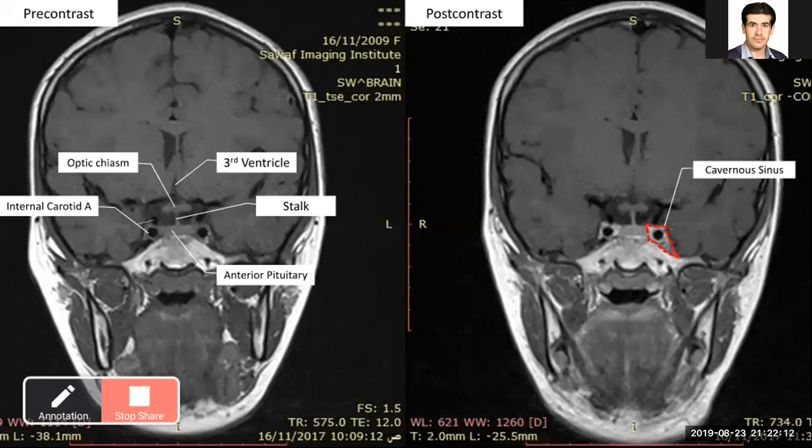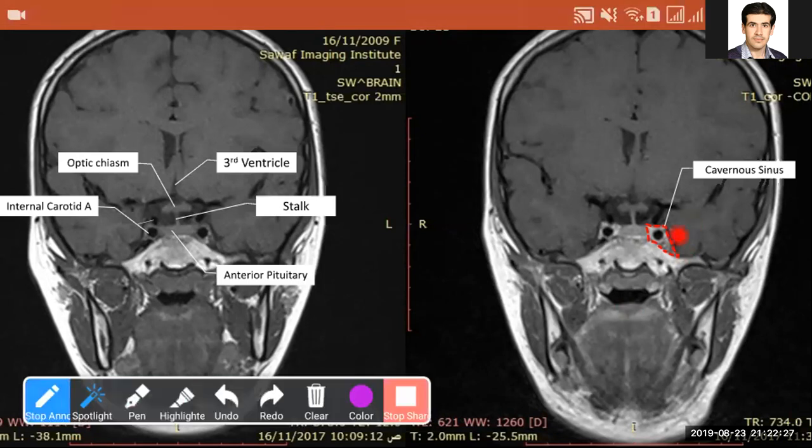We can suspect that the cavernous sinus is invaded by the pituitary tumor just when we see the pituitary tumor cells lateral to the carotid artery, like if we see here cells of the pituitary tumor. That is a significant sign that the cavernous sinus is invaded.